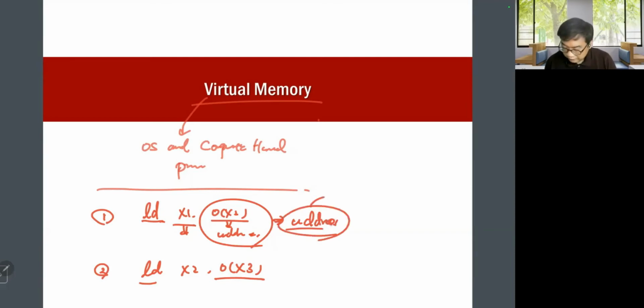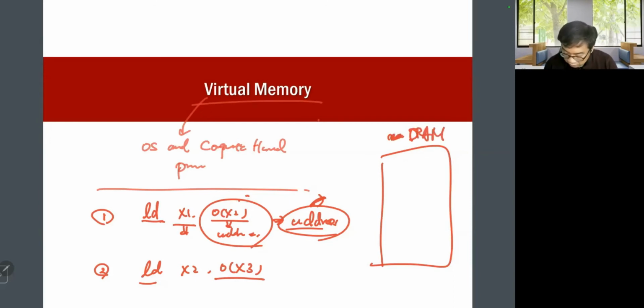Then what is this address? Until now, we considered that this address is the address of the target data in main memory, which means we use DRAM as the main memory.